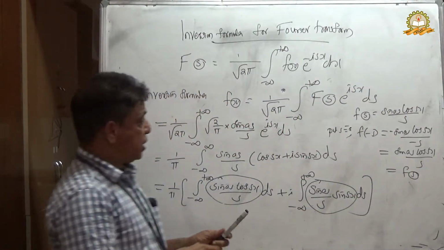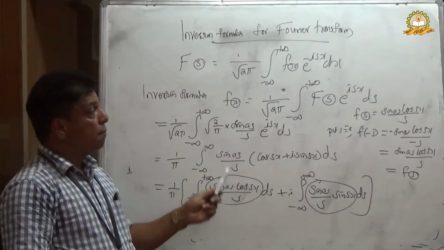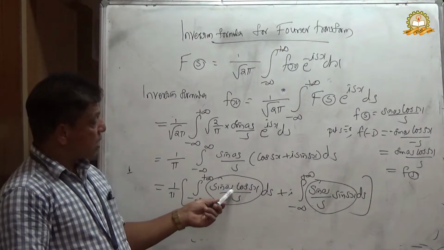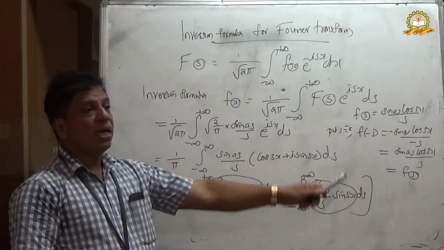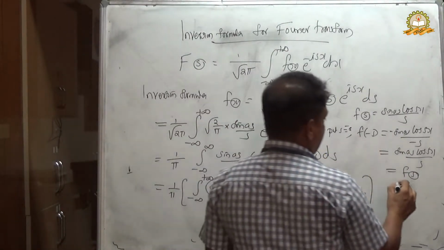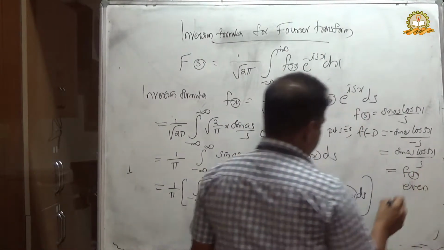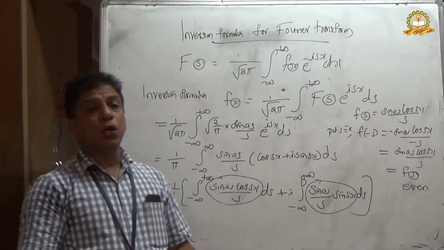Therefore, there is no change when we replace s by minus s. F of minus s is f of s itself. Therefore, the first case is an even function, and then automatically the second case will be an odd function.